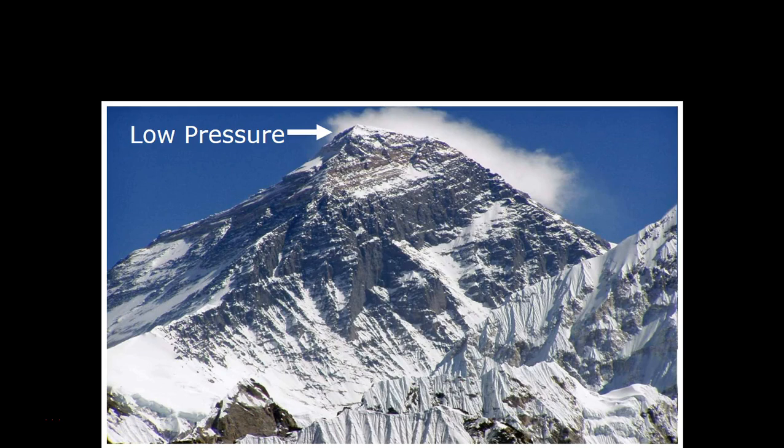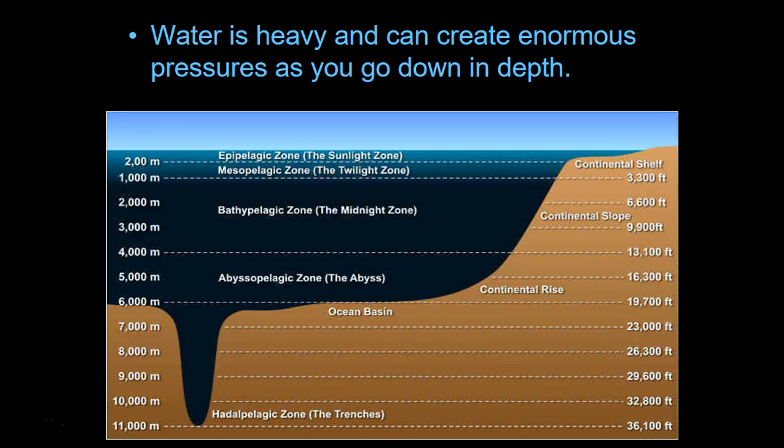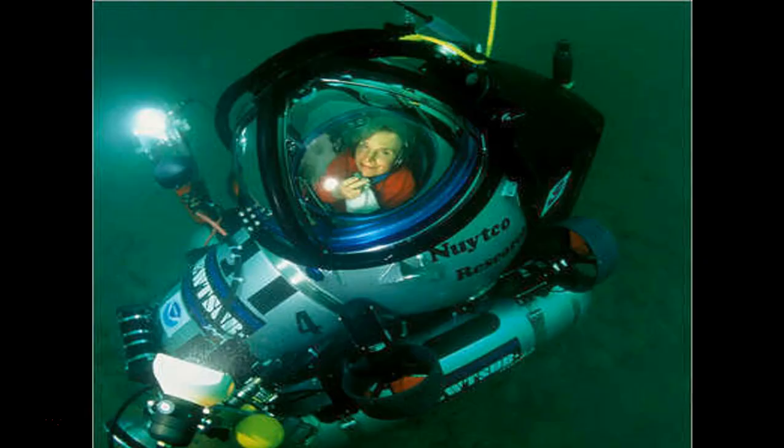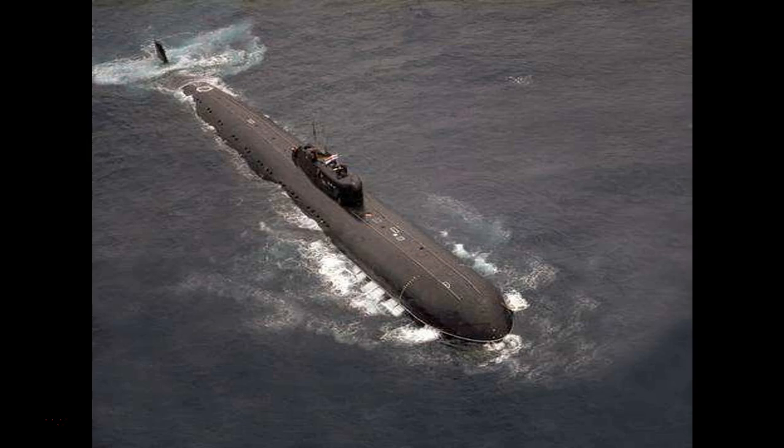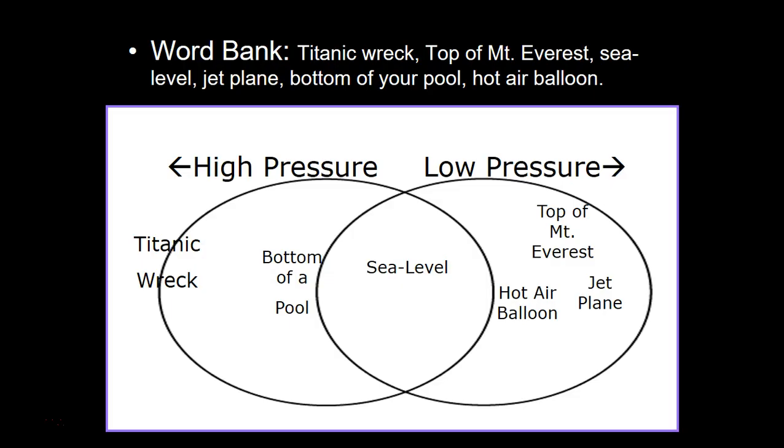At the top of this mountain, we have a low pressure compared to the bottom of the mountain, which will have high pressure. And we can also see this in the ocean. As you go down in the ocean, the water pressure gets higher and higher. That's why we need things like submarines in order to go to the bottom of the ocean.